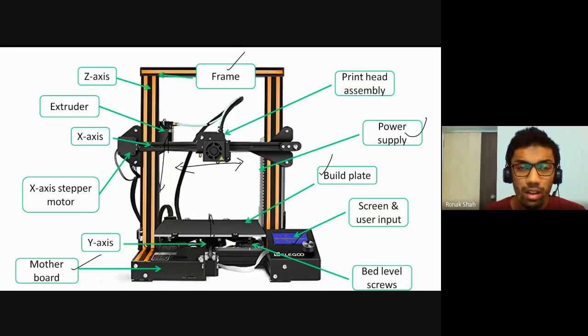Then all the tool path is governed by stepper motors. Here you can see this is the x-axis stepper motor. There is a belt going through this x-axis frame, which controls the movement of this nozzle. So here you see this is a nozzle.